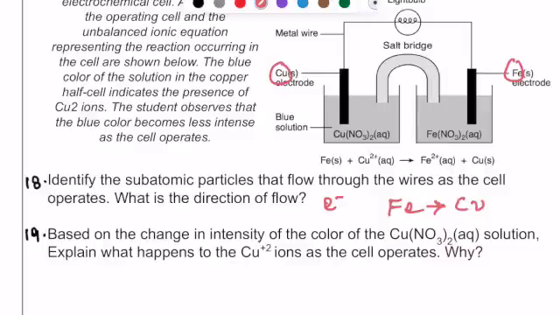Based on the change in intensity of the color of the copper nitrate solution, explain what happens to the copper ions as the cell operates. What's going to happen here is electrons go from iron to copper. Because the iron electrode is going to lose electrons, it also loses iron ions into the solution.